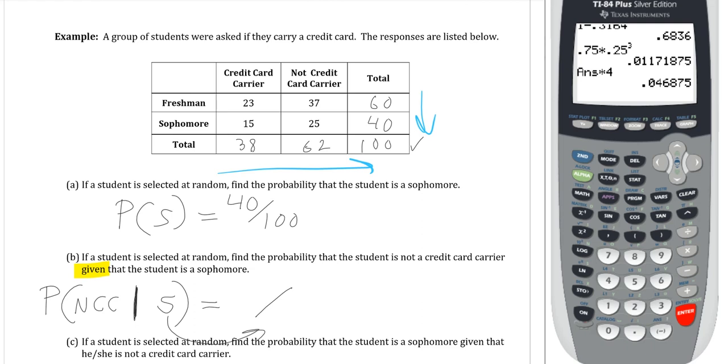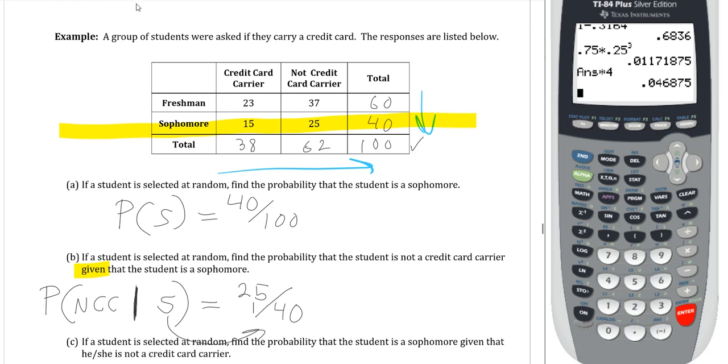So what we're considering here is not all of these values in this list anymore. We're only considering this row. We're considering only sophomores. Any freshmen are no longer part of the consideration. So we're not talking about all 100 students anymore. We're only talking about the 40 sophomores. Of those 40 sophomores, 25 of them are not credit card carriers.